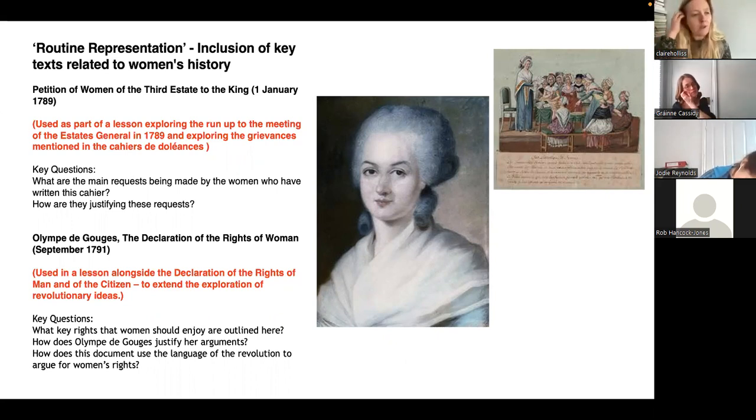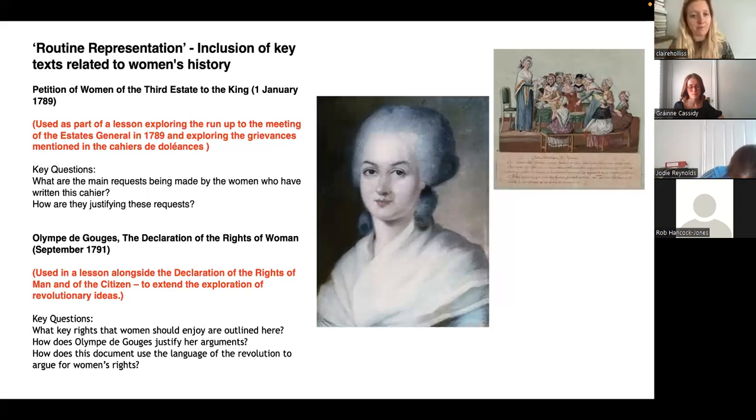And I found this wonderful document that was put together by women of the Third Estate. It wasn't an official register of grievances. Women couldn't stand for election. They couldn't actually attend the Estates General, but they had nevertheless emulated the other groups and put together this register of grievances anyway.